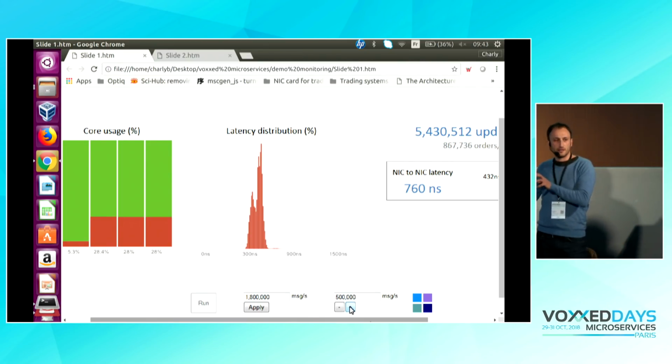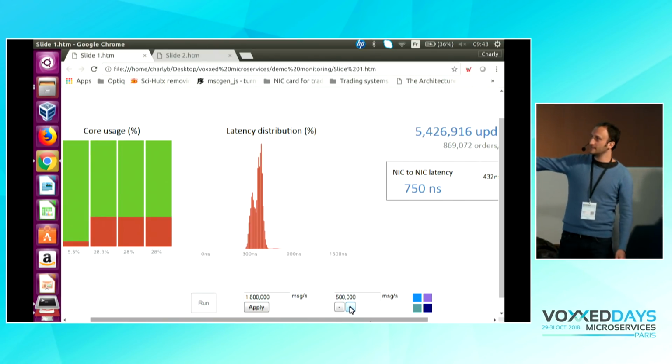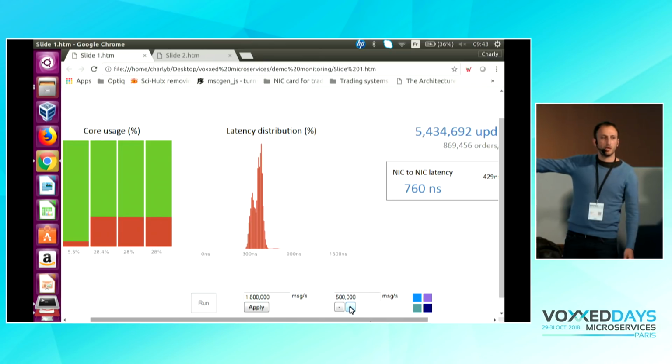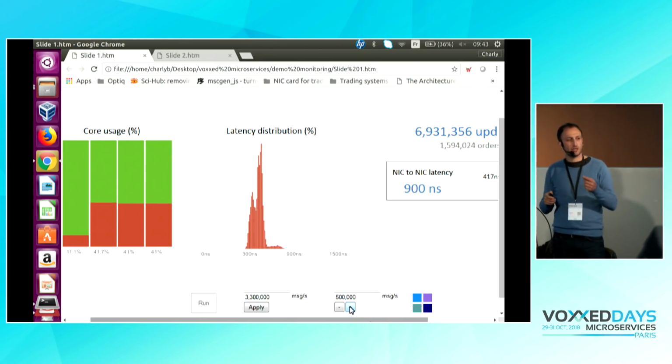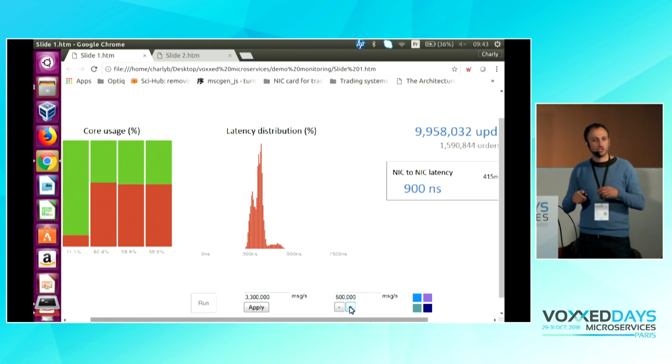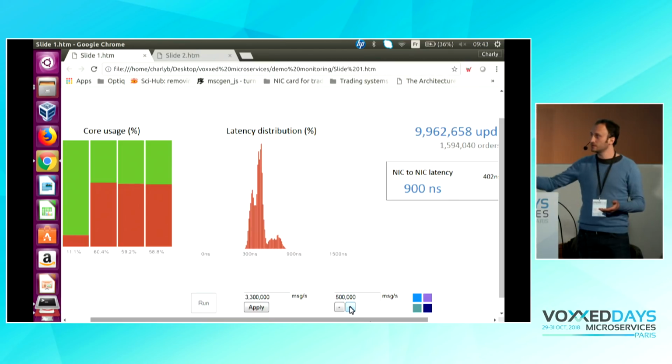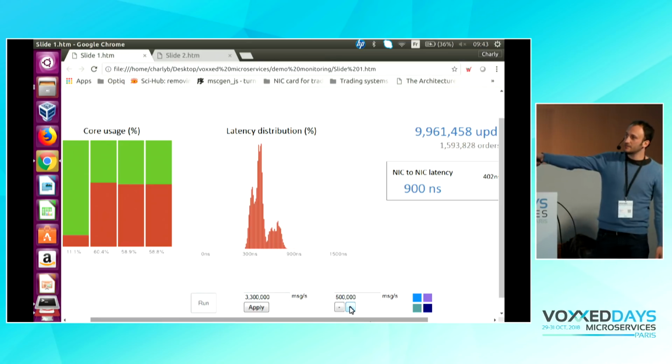Why do I show you that? Because we talked about monitoring in real time. What you see here is it's less than 1 microsecond, or about 1 microsecond. It means that we can monitor in real time without changing or impacting the performance. This is the demonstration of that. Just because the latency is low. I don't care that it's low, but it means that monitoring is working. And here it's the same.